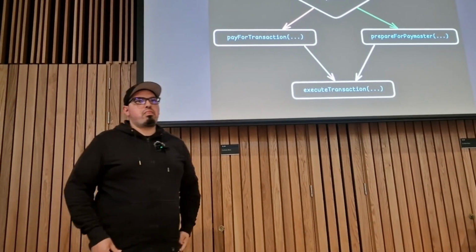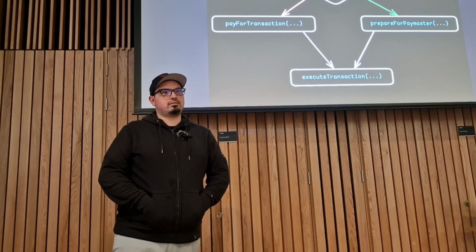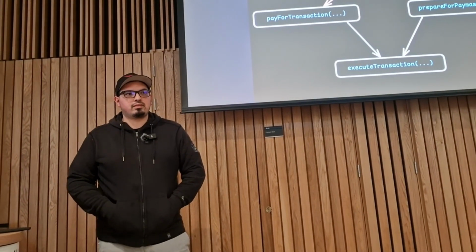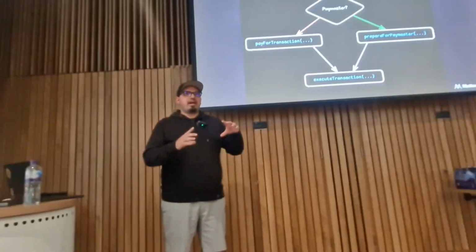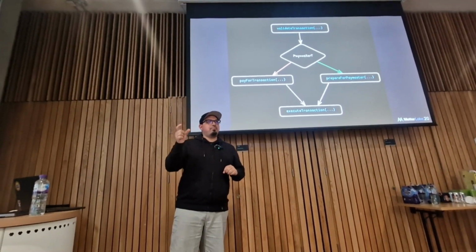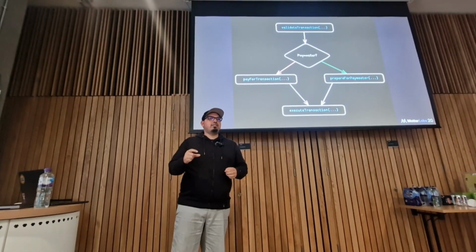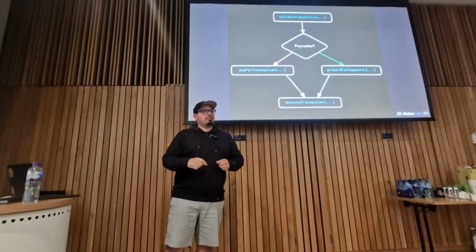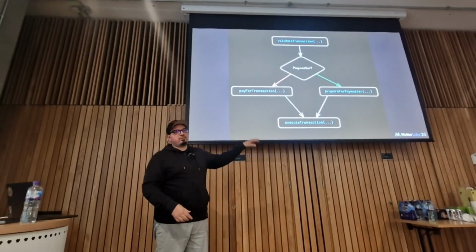Yes? I wanted to understand, who makes the decision of having someone else pay? Is it the smart contract that's making the decision, or is it the externally owned account owner who's making that decision, and you're just calling the code? The decision is coming from the transaction itself. Whenever you make a transaction for ZKsync, you have the option of adding some metadata to your transaction as a dApp developer, right? You can just say, hey, add this little piece of metadata to your transaction that says there's a paymaster, and the paymaster is this contract address somewhere else.